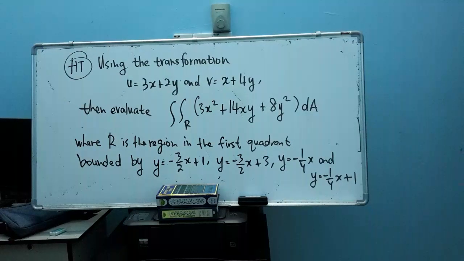After that you can just calculate this double integral. You can try by yourself. No need to submit, but if you want me to check, you can send your solution through Telegram to my number. I will check all your calculation here.